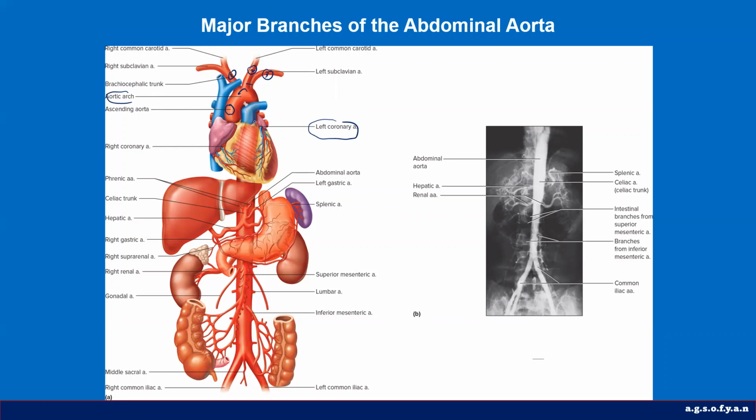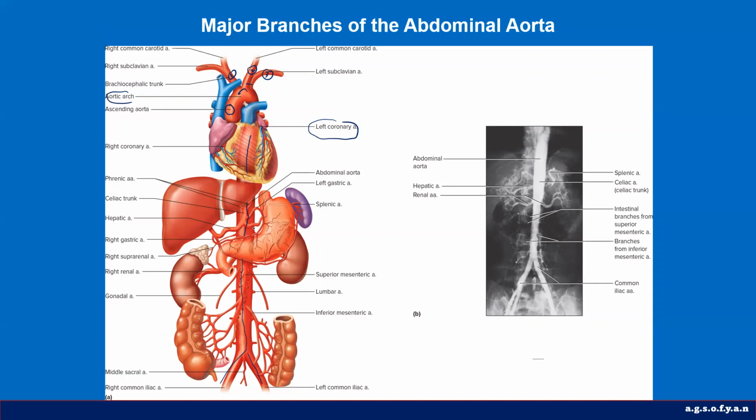Then the descending aorta passes through the thorax as the thoracic aorta, and then becomes the abdominal aorta, and branches into the left and right common iliac arteries.